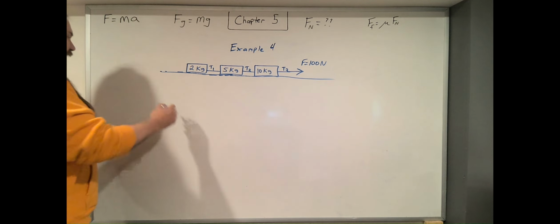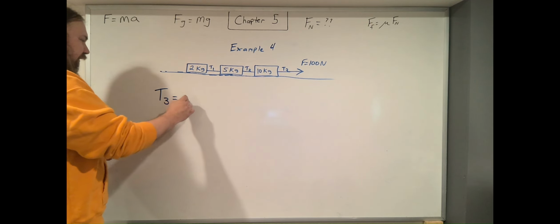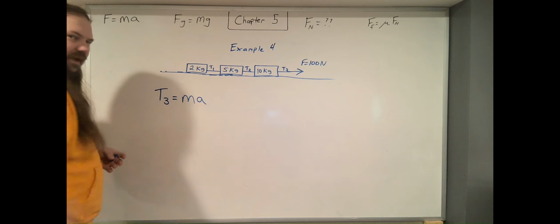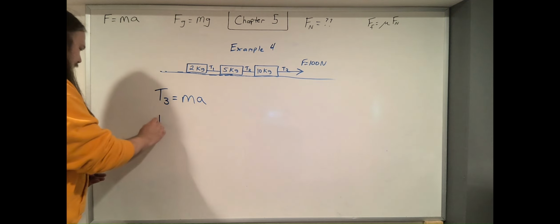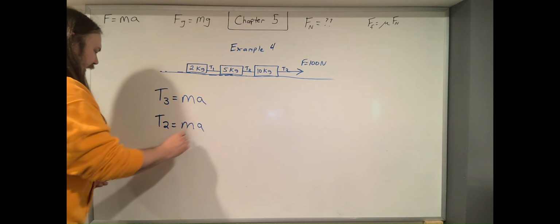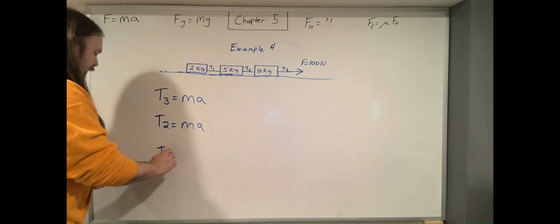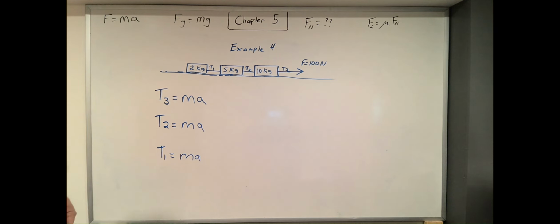Okay, so tension can just be written as MA if you know enough about the problem. We could do the exact same with T2. We could write T2 as MA. We could write T1 as MA. We just need to know what these things are, right?